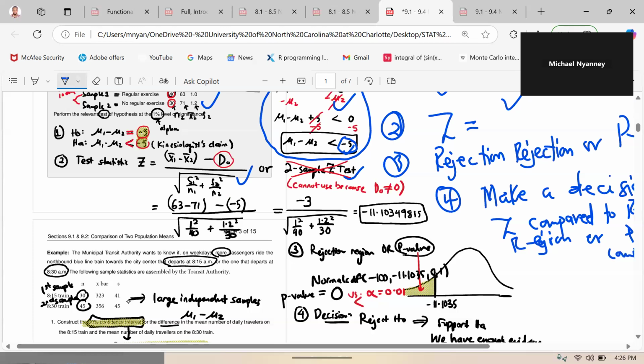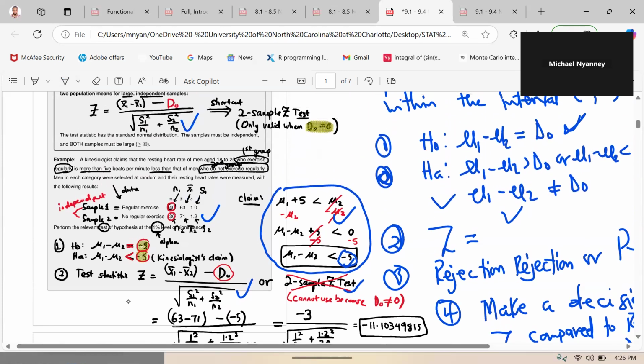But if the D naught is 0, assume that we were having mu1 minus mu2 less than 0, then we are good to go. So assume the statement was like, men aged 18 who exercise regularly is less than that of men who do not.